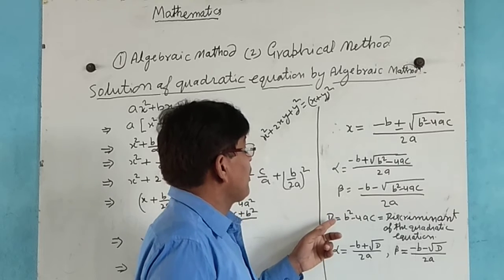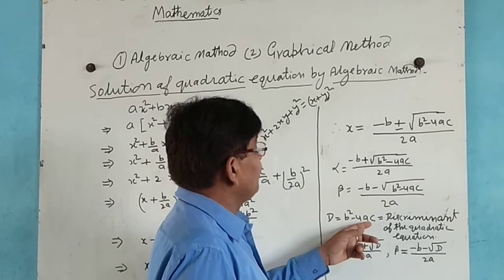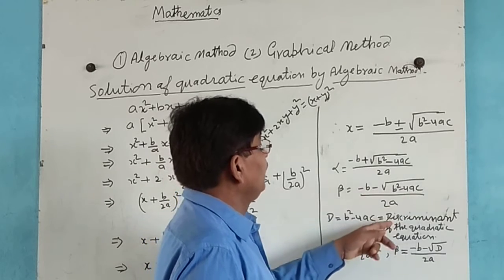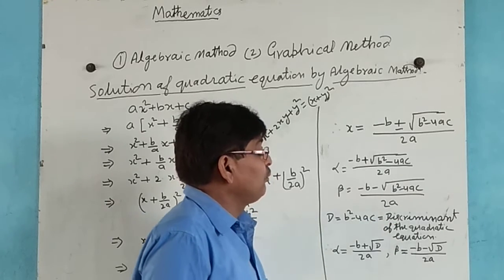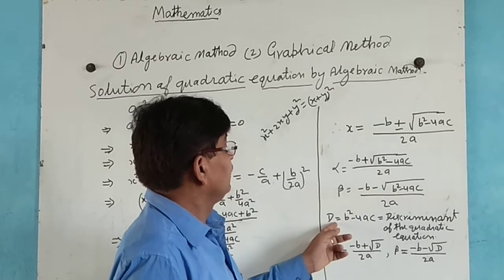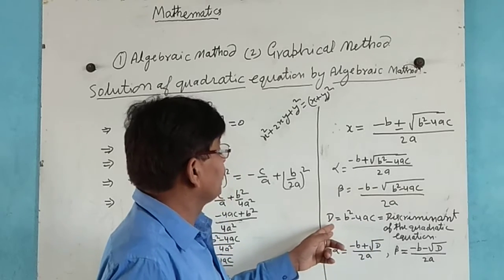Now d equal to b square minus 4ac. It is called the discriminant of the quadratic equation.